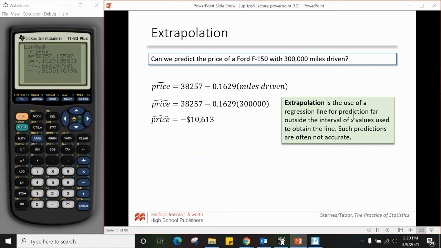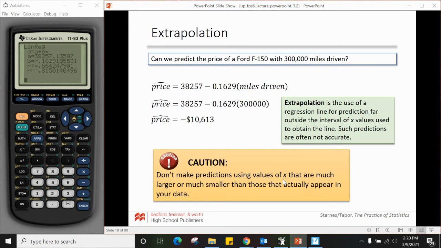So extrapolation is the use of a regression line for predictions far outside the interval of X values. Our X values were between 4,000 and about 144,000. This was more than double the maximum. Because of that, you can't use this regression line for values outside that range, and if you do, it's called extrapolation.